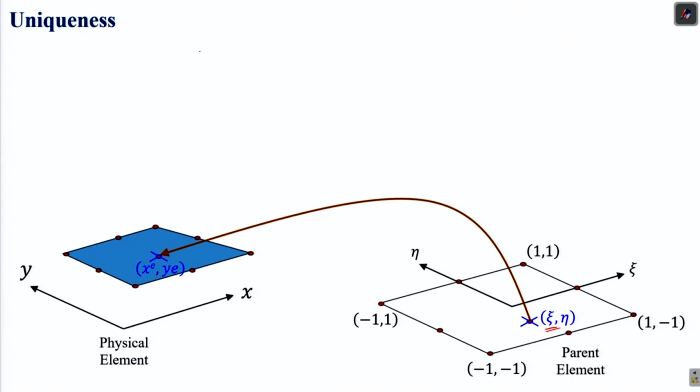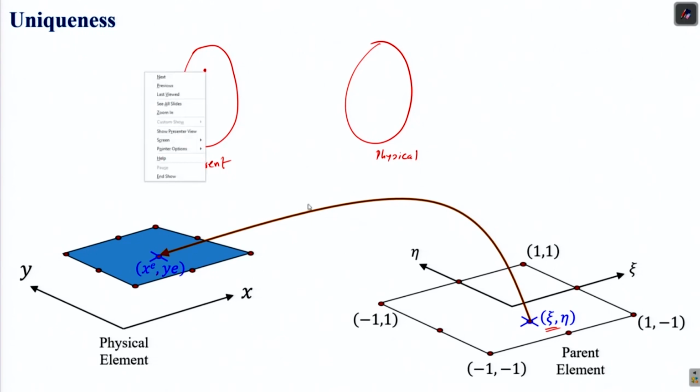For instance, we have one domain here and another domain here. This is your parent element, and this is the physical element. Now, any point we take, when it is mapped through the transformation we have already seen, should have an image within this element.